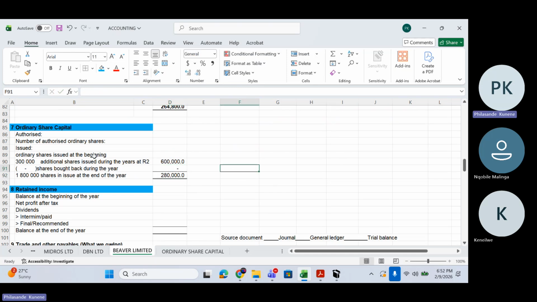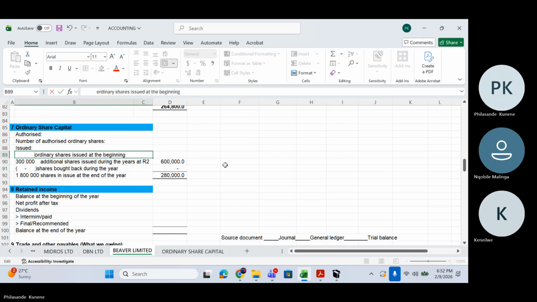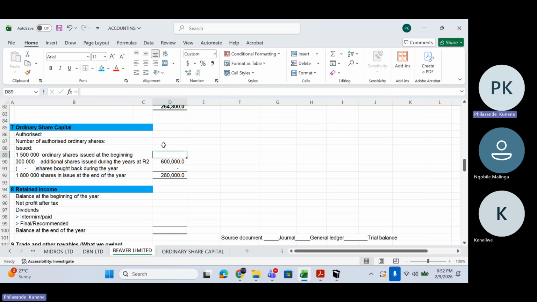Okay. Ordinary shares issued at the beginning. So how much would be our ordinary shares issued at the beginning, guys? In terms of the number of shares, let's talk about the number of shares first. It's going to be 1.5 million. Ordinary shares issued at the beginning. At how much? So how much would be the value here? Would it be 2,200,000?